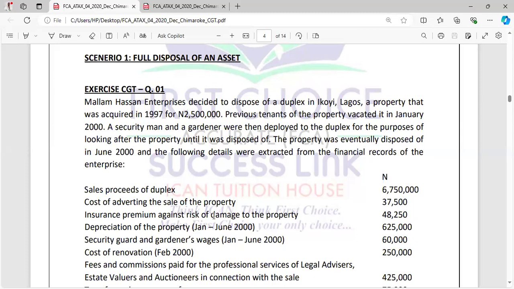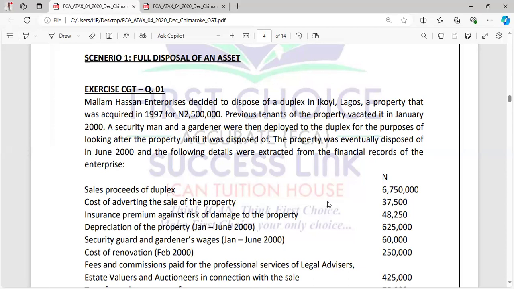Insurance premium against the risk of damage to the property. Now, insurance is not going to be an allowable deduction. If you should know, anytime you are looking for allowable deductions, once you see anything insurance, you should not put it, because if eventually there is a damage to the property, you can make a claim on that.